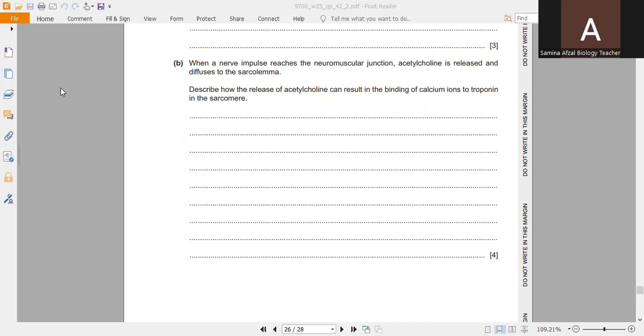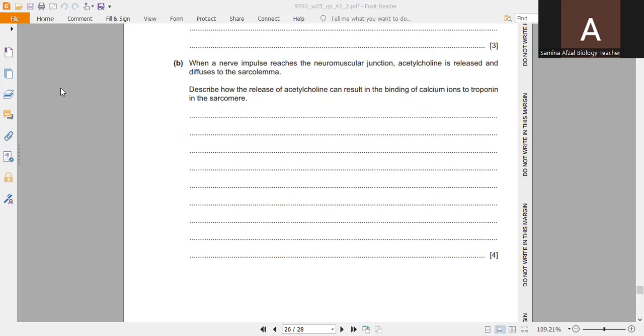The action potential in the T tubules triggers the opening of voltage gated calcium channels in the membrane of the sarcoplasmic reticulum, so the calcium ions are released. Calcium ions diffuse out of the sarcoplasmic reticulum into the sarcoplasm, and the increased concentration of calcium in the sarcoplasm allows the ions to bind to troponin.